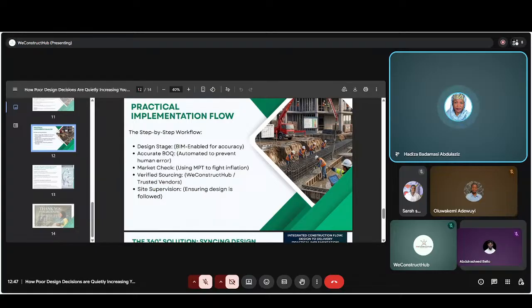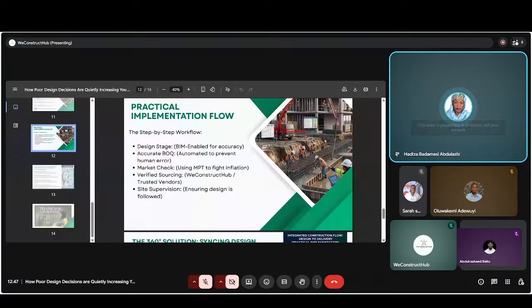From the design stage, start with a coordinated digital model to reduce errors and clashes, like using your Revit, BIM, and others, like the ones I listed behind. Then ensure all these things are aligned before construction begins. The goal is accuracy from the beginning.